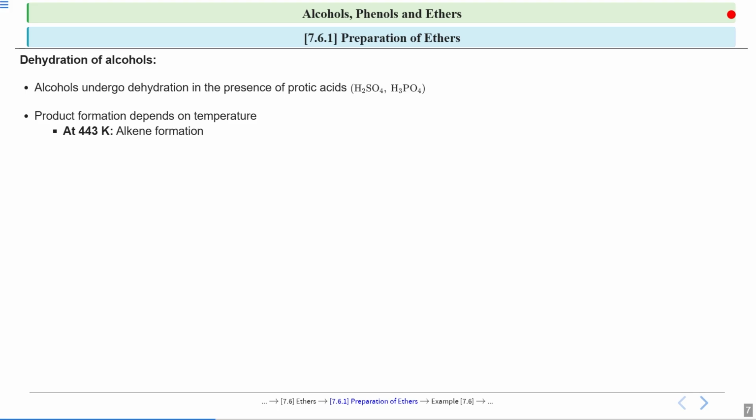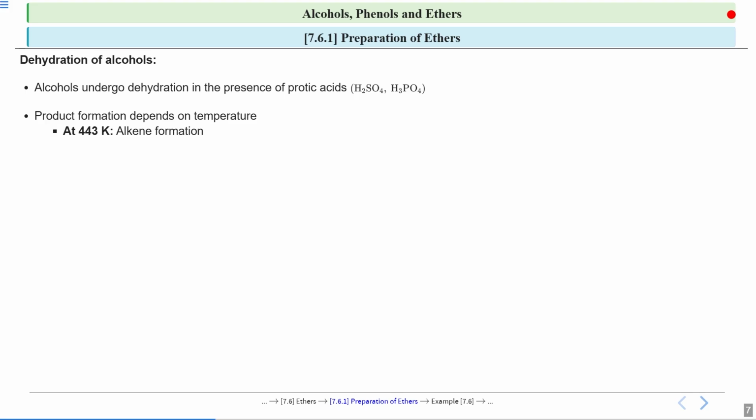Whether ether or something else will be formed depends upon your reaction conditions. In chemistry, reaction conditions play a very important role. Whatever the conditions are around the reaction, it proceeds according to that. So here also you will see that ether is not always formed when alcohol is treated in the presence of a protic acid, that is, in dehydration of alcohols.